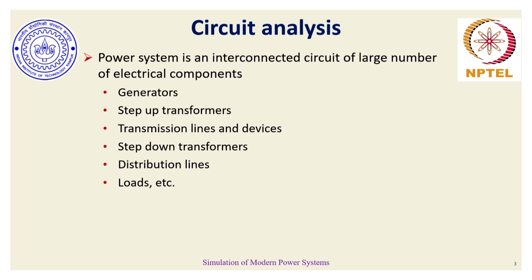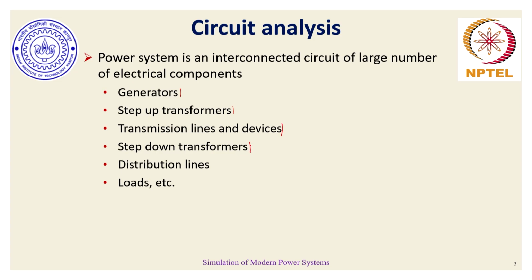So, circuit analysis, as we all understand, our given power network is one of the most complex man-made networks, having several interconnected electrical elements, which start all the way from generators to step-up transformers. Then we have transmission lines, which form our conductors.